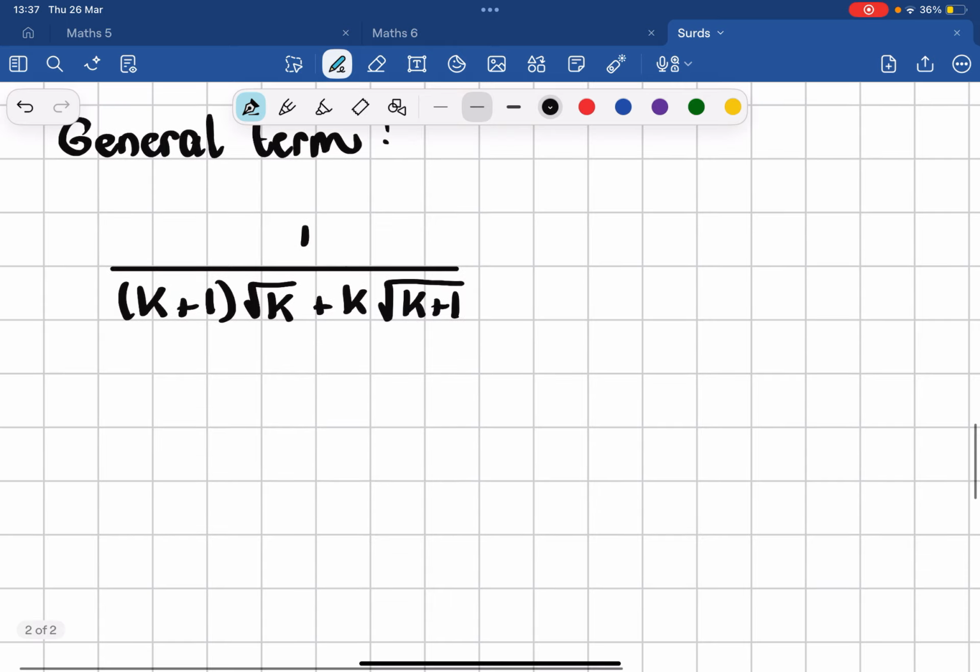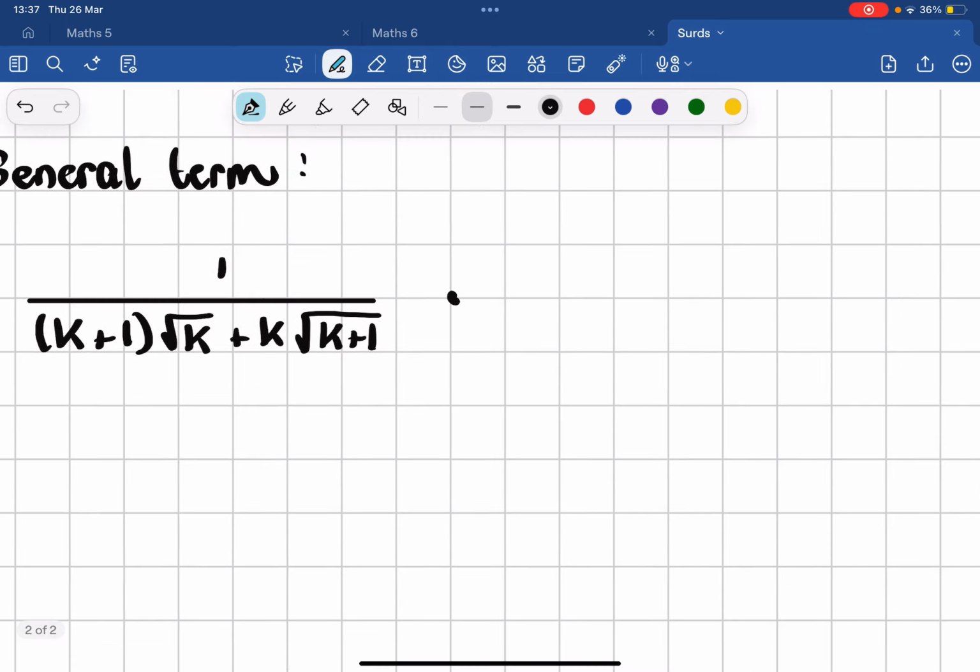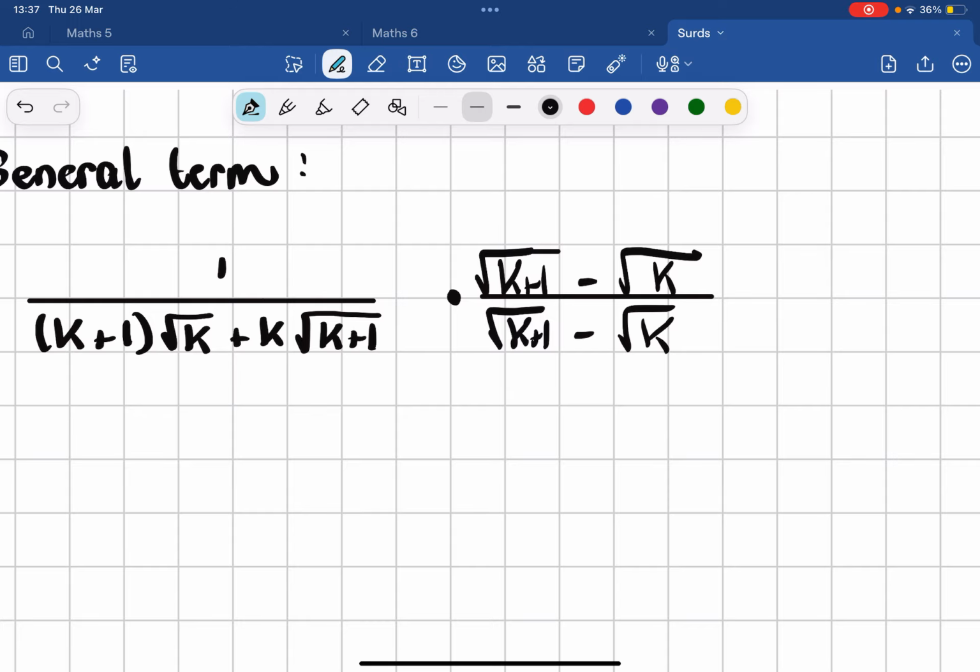And obviously we said we need to rationalize, so let's multiply this by root k plus 1 minus root k, all over root k plus 1 minus root k.